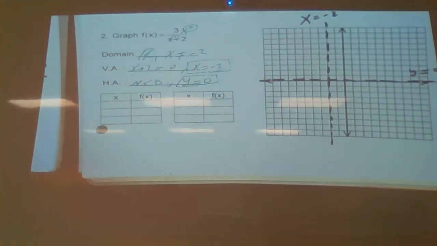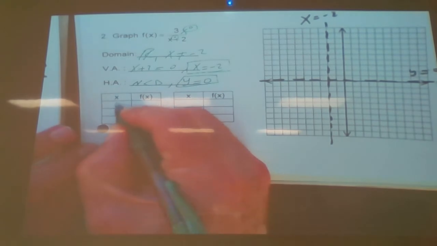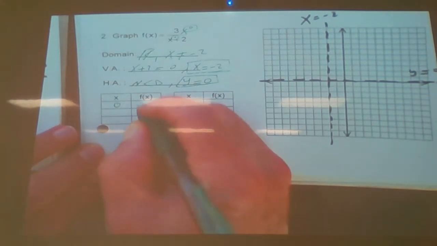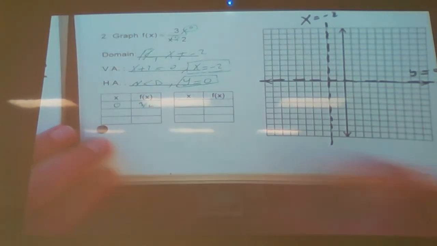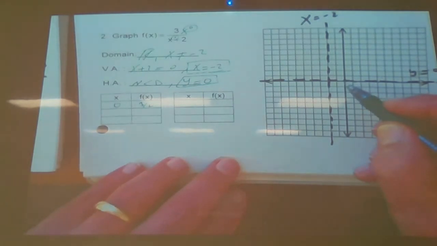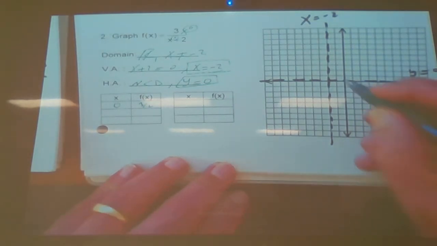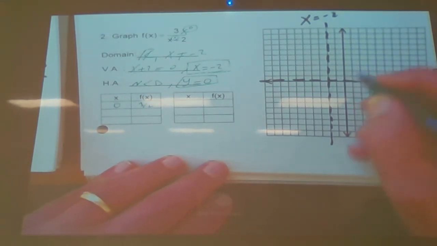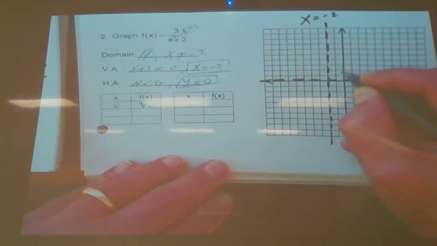Now we're going to pick some points. When x equals 0, y was 3 over 2, or 1 and 1/2, so that's somewhere over here.